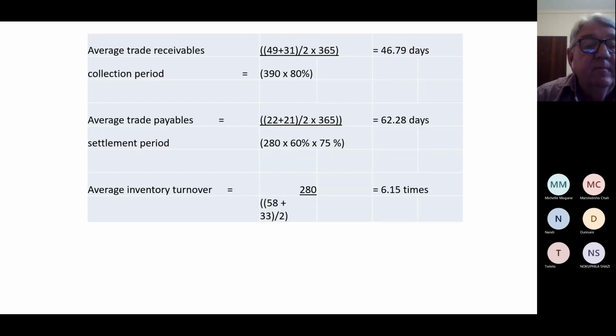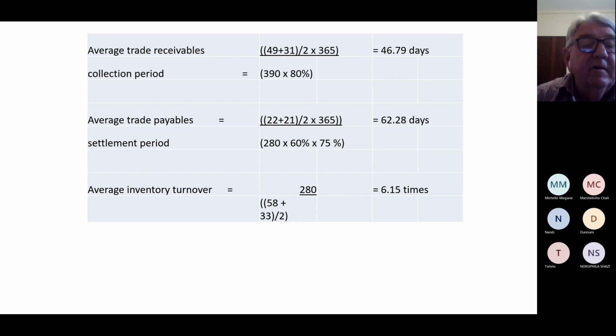So the calculation is 22 plus 21, trade payables, divided by 2 times 365. Then we divide that by the 280 times the 60% that is purchases times the 75% which is on credit. And that gives us 62.28 days.